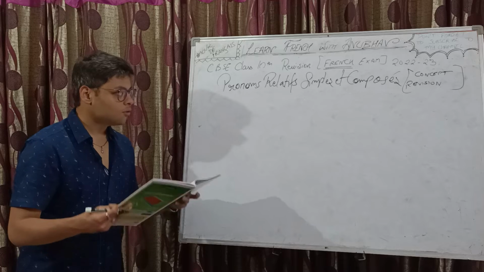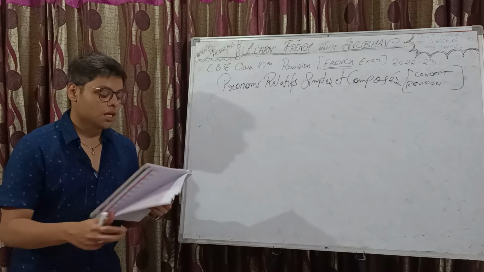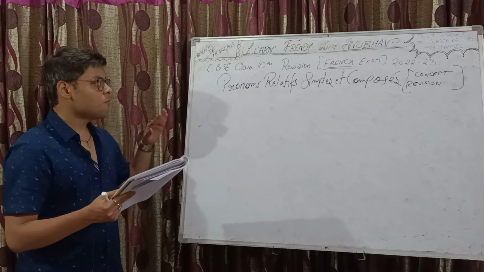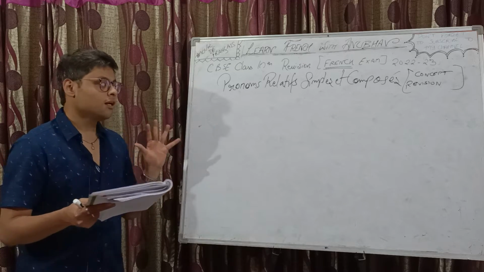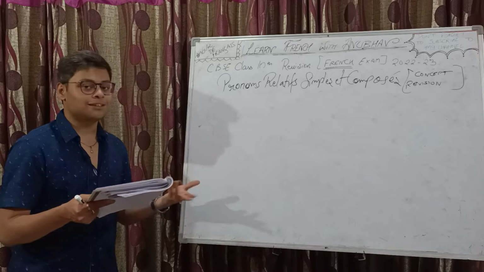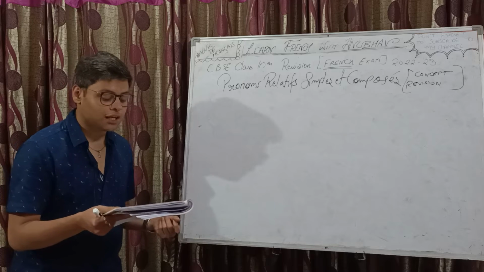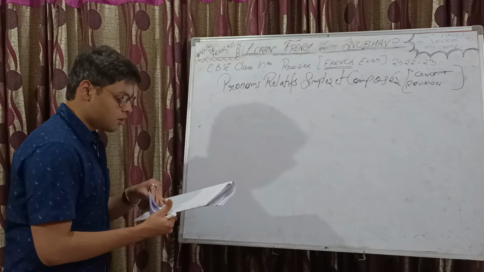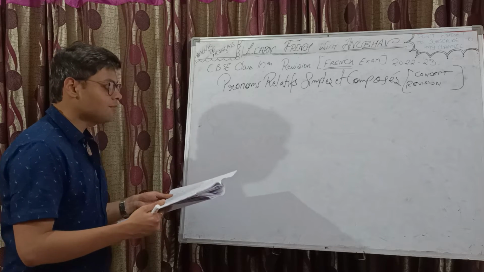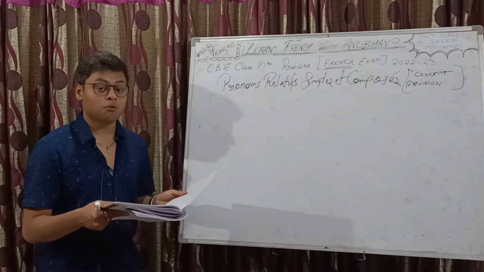Right. So in today's video, we are just going to do the concept revision and how you are going to attempt it. Now, one small disclaimer. Pronom relatif is a huge concept. There are so many aspects to be discussed under it. For example, there are many cases in which you can use both the pronom relatif simple and the pronom relatif composé.